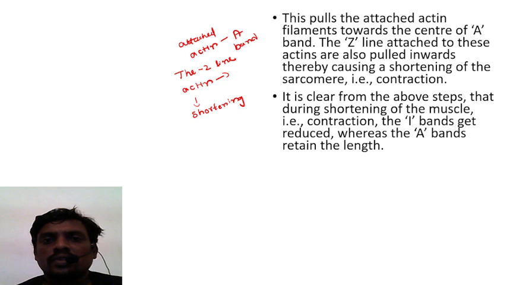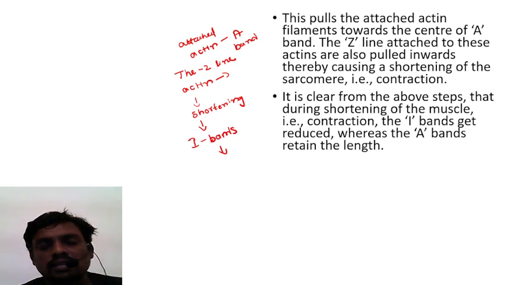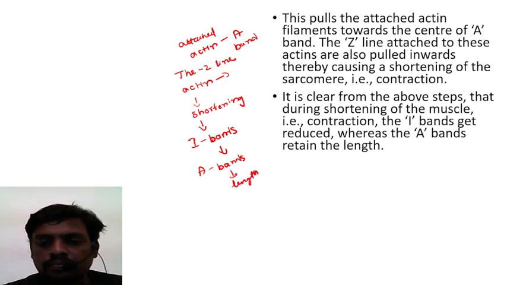It is clear from the above steps that during shortening of the muscle, contraction occurs. The I bands get reduced, whereas the A bands retain their length. What happens to A bands? They retain their length.